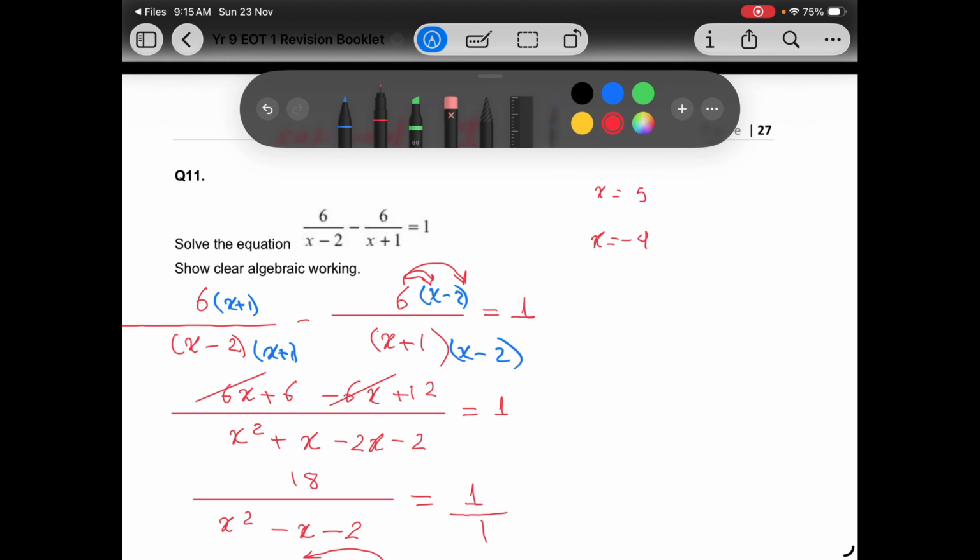It will be 6 over 5 minus 2 minus 6 over 5 plus 1, and here it will be 6 over 4, 6 over 4 minus 6 over 6.